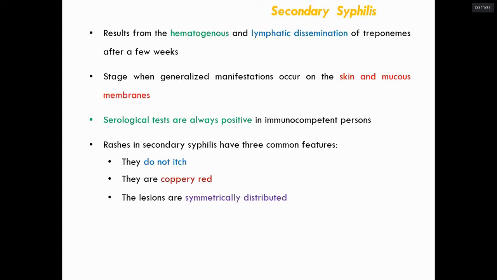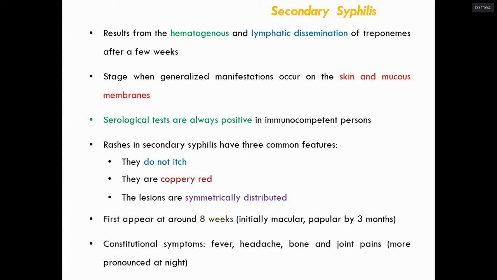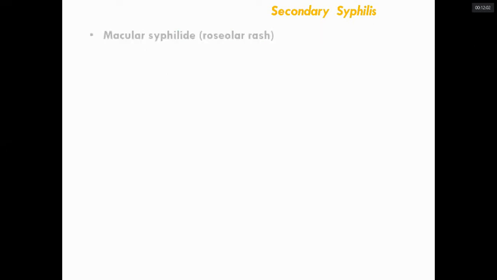They are coppery red and symmetrically distributed. They first appear at around 8 weeks, 2 months, initially macular, but they become papular by 3 months. And constitutional symptoms like fever, headache, bone, and joint pain are also present.